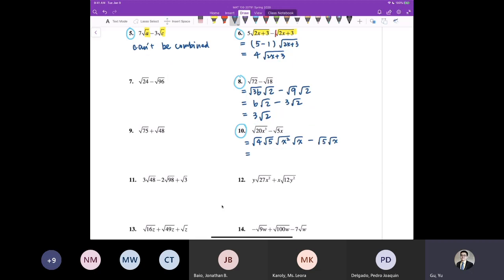And then we're going to simplify this. Radical 4 is 2. Radical x squared, you have inverse operations. You could cross it out. Followed by radical 5x minus, so those two things is also radical 5x.